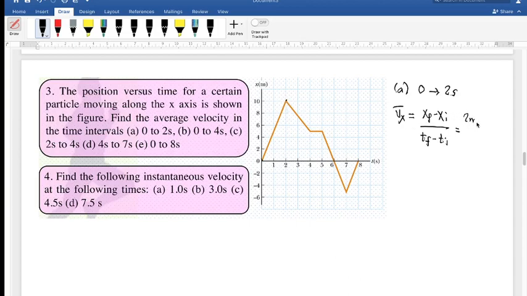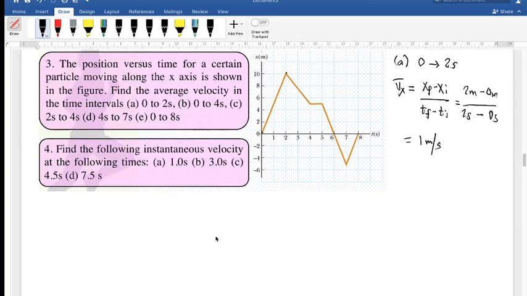The initial time is 0 and the final time is 2 seconds. The initial position is 0. And then the initial time is again 0 seconds. So this is equal to 1 meter per second. So this is the average velocity from 0 to 2 seconds.